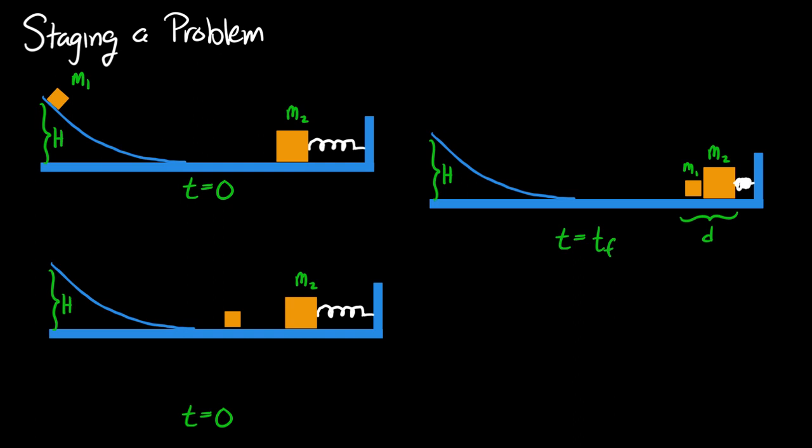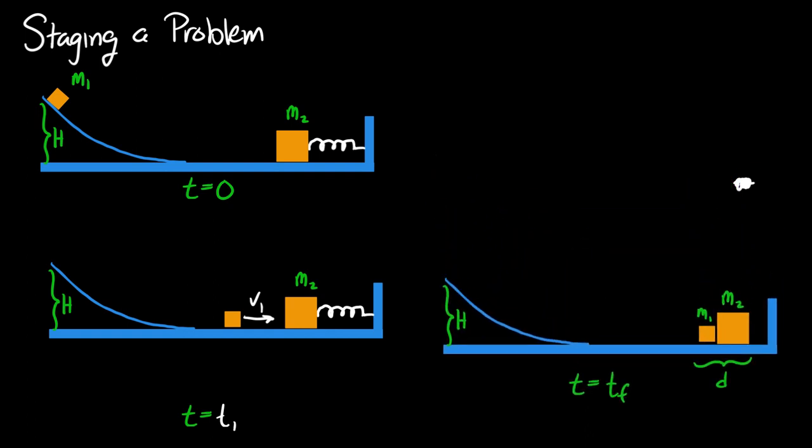And it has some velocity here. And I'm just going to call this T1 to indicate that time has elapsed and it made it to the bottom. Is the velocity of this block going to change as it slides across this ramp or slides across the horizontal surface? All right, so we can just label that V1 and know that's going to be the same until it hits the block.